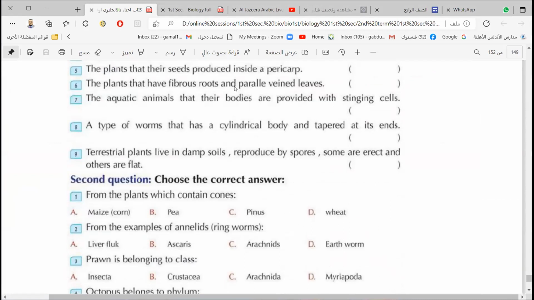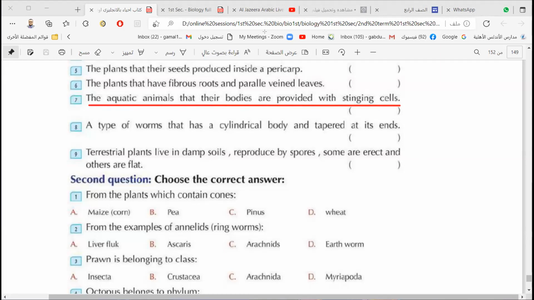Aquatic animals that their bodies are provided with stinging cells. You remember any animal with stinging cells? If you are swimming in the sea and an animal comes to sting your leg, like hurt, like electricity shock, what animal?